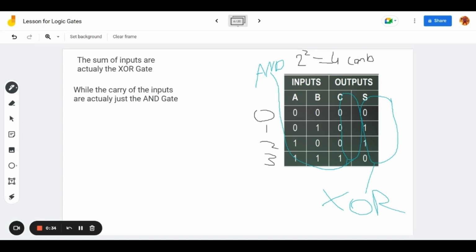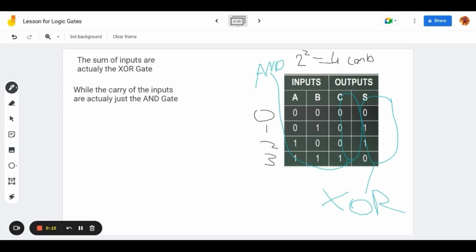You can see here that the most basic additions are literally just an XOR gate and an AND gate. So the sum row represents the XOR gate, and the carry column represents the AND gate. So due to this very interesting phenomenon, we could actually use logic gates that we've learned to add numbers together.